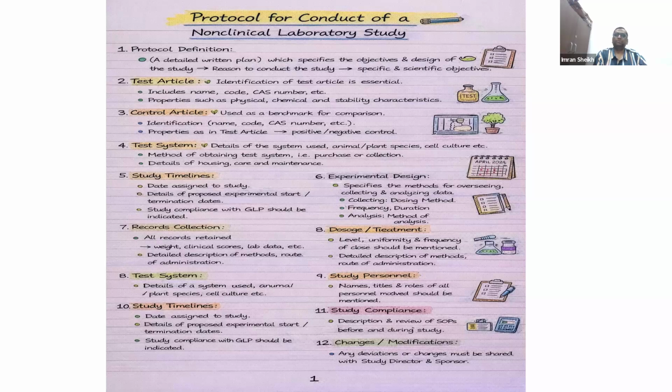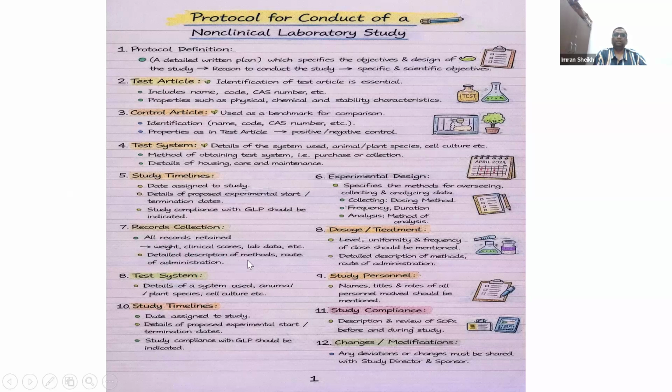Now what is collected? Dosing methods, frequency and duration, and method of analysis. Now record collection: all records are retained, weight, clinical scores, lab data, and detailed description of the methods. Route of administration, all these are included.